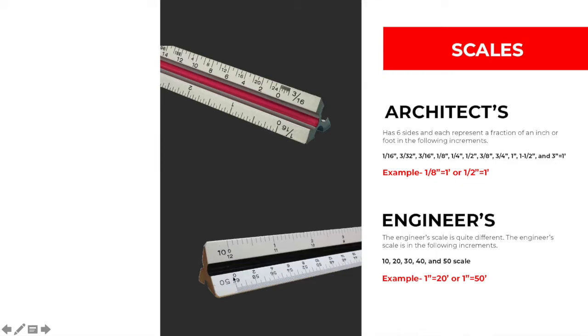And as you can see graphically, that's approximately 1 inch. 1 inch equals 50 feet, represents these larger scales on the engineering scale. Now, the engineering scale, as I mentioned, is not just used by engineers, it's also used by landscape architects, urban planners, and any architect who is doing large-scale site work, because those drawings are much larger scales than what are found on the architect's scale.